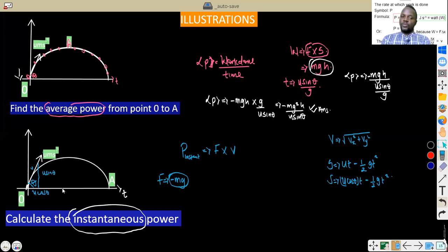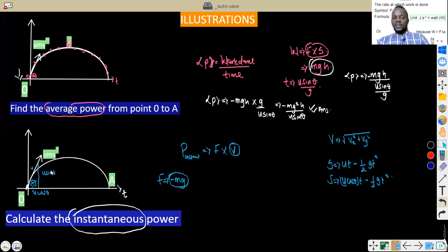Because this thing is moving over a distance. I can't just say the body has negative mg, because negative mg is only for one direction. So I have to calculate the distance along this direction. It's very important. So what I will do now to finish, because of time, is for us to understand that we need to get the component of the velocity vector. I told you along the x-axis, it is given as u cos theta.